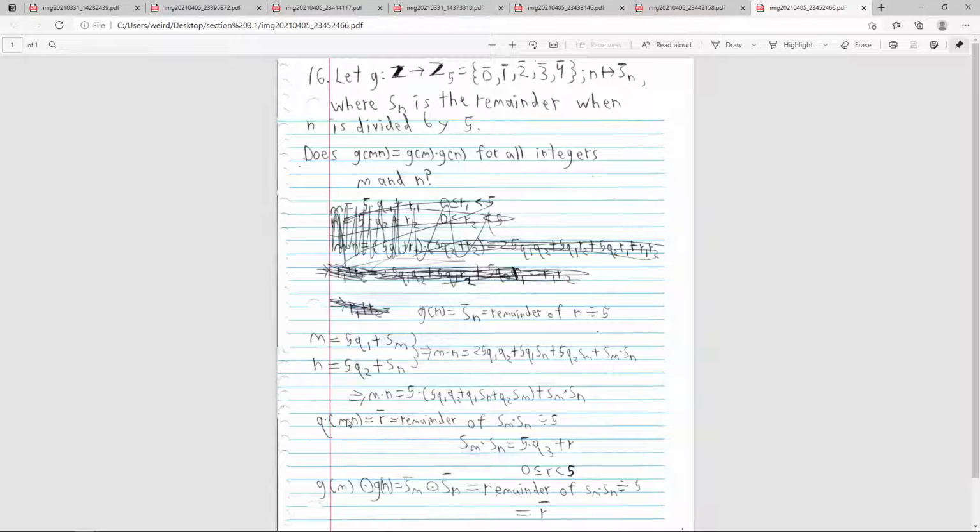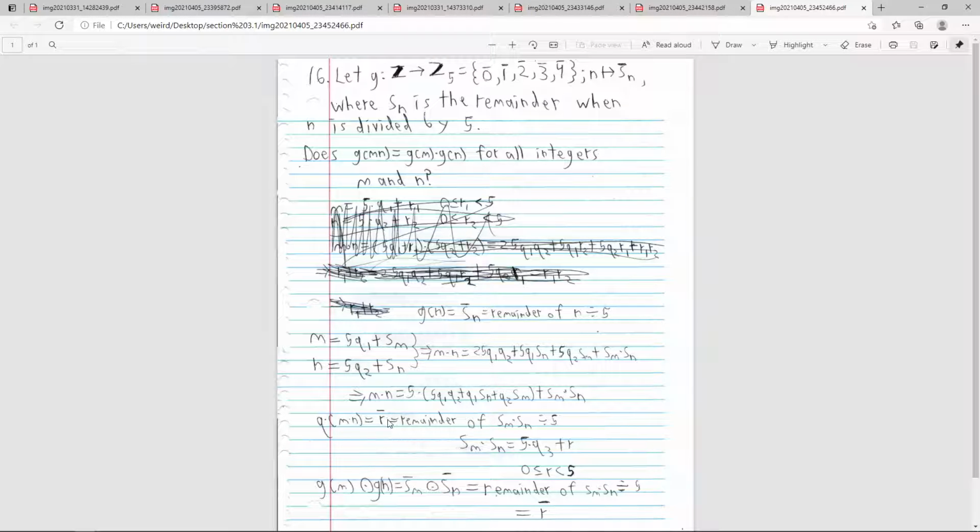So the quotient times mn, that should be g of mn, because we want to show g of mn equals g of m times g of n.